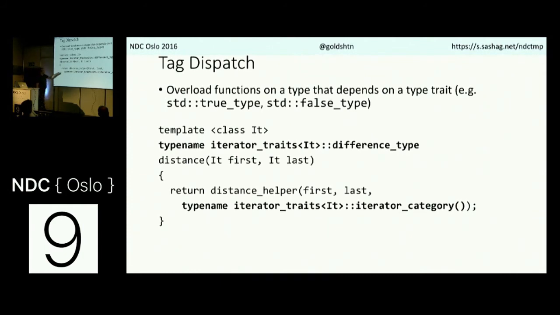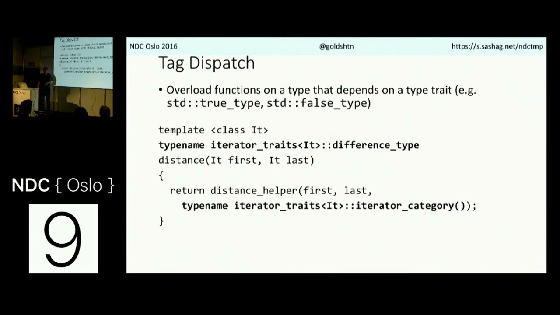So now distance helper can be overloaded for various types that iterator category can return. Just for simplicity, suppose iterator category is sometimes an int and sometimes a float. So I can now build two distance helpers, one that takes an int and one that takes a float as the third parameter, and in such a way specialize my implementation.